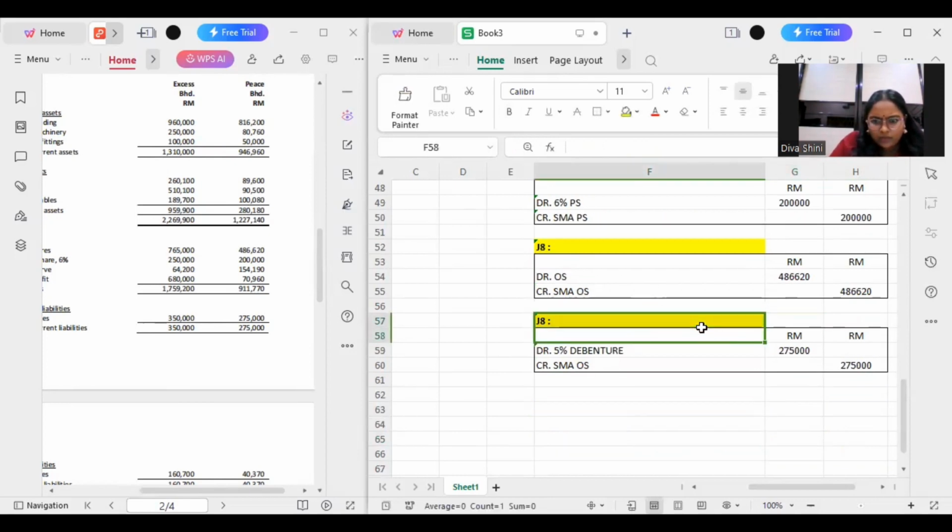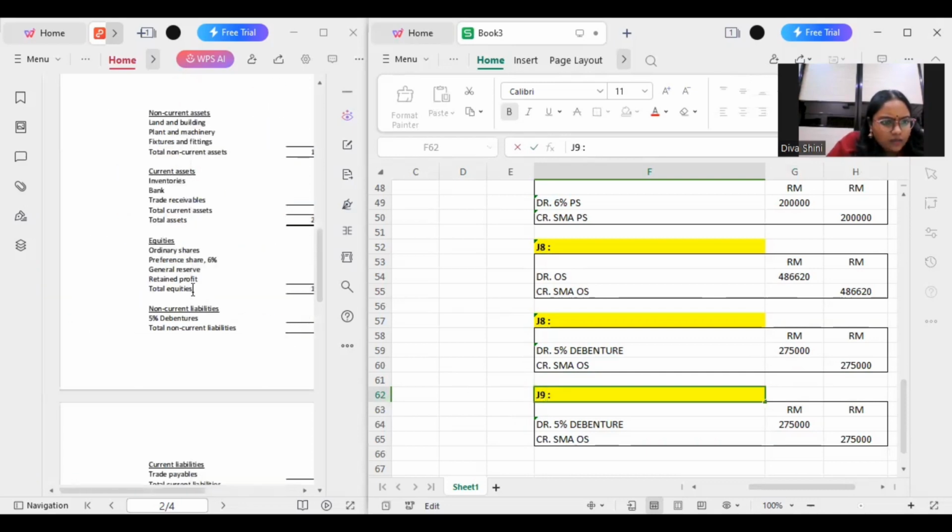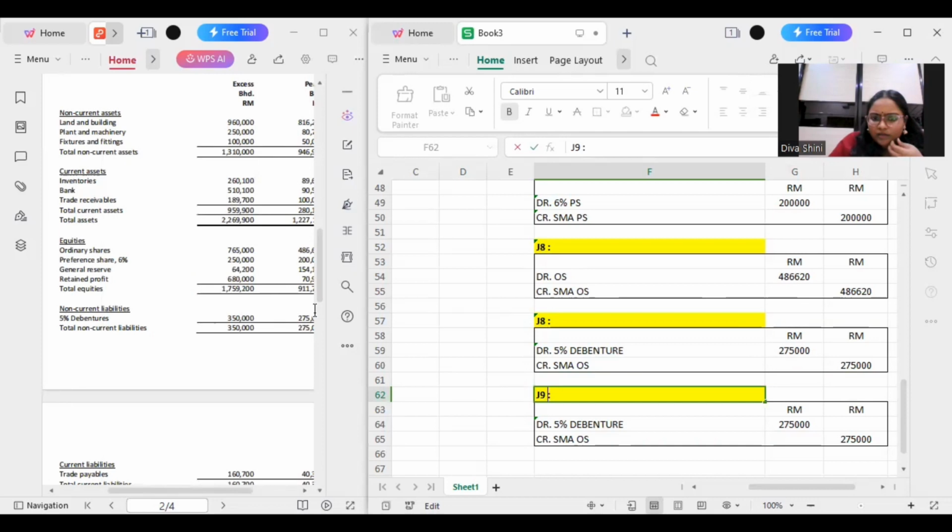Okay, and then continue with J9. J9 is for general reserve. General reserve SME OS.